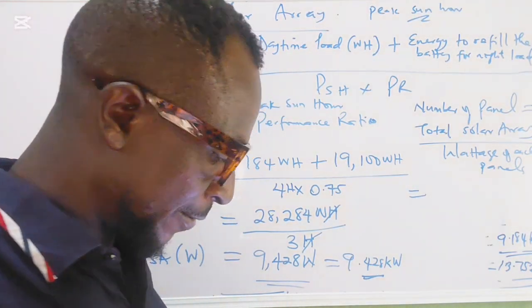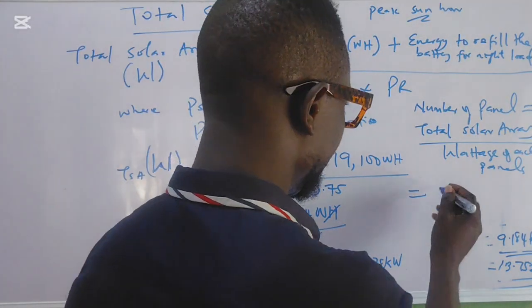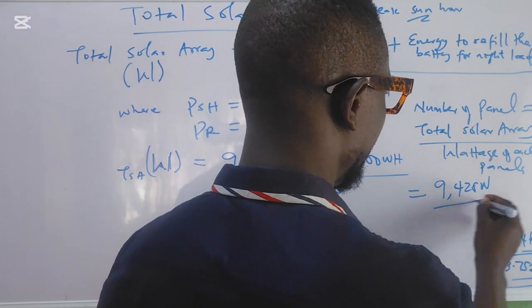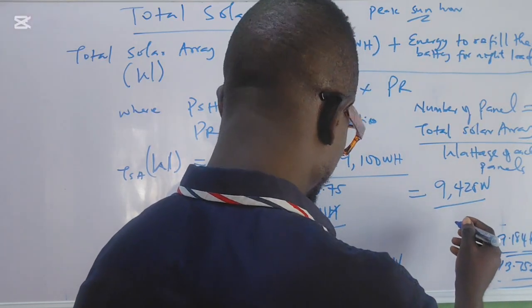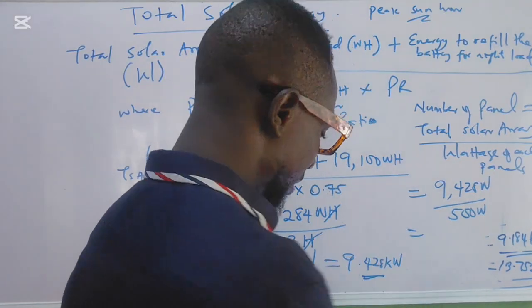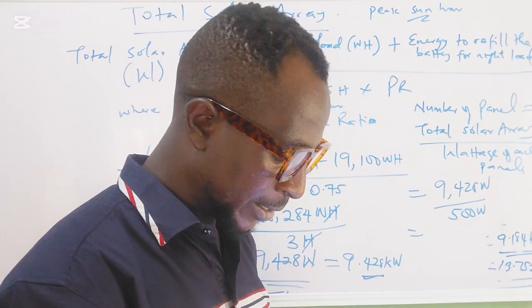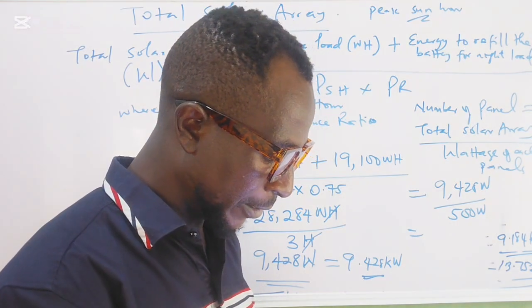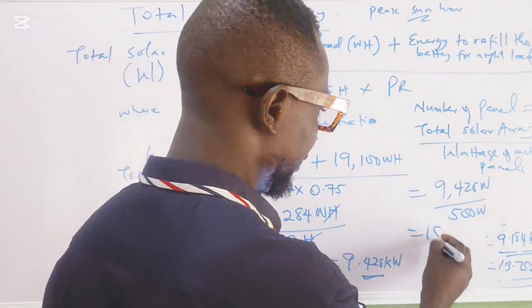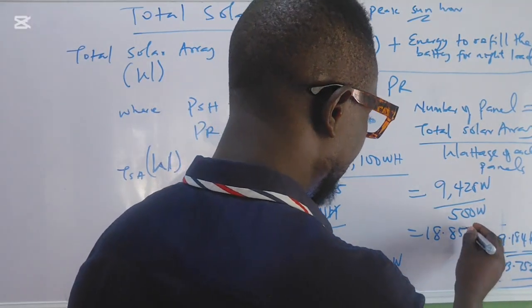We have 9,428 watts divided by 500 watt. 9,428 divided by 500. So here we have 18.856.